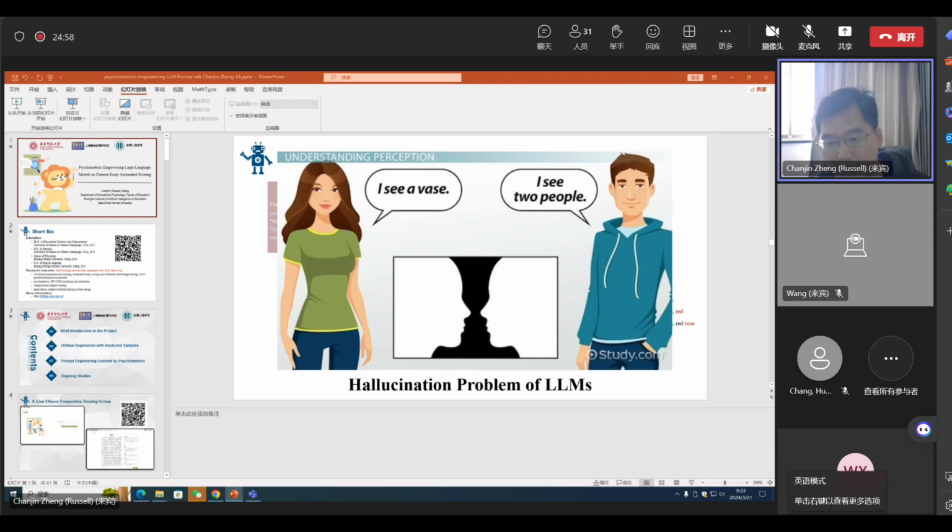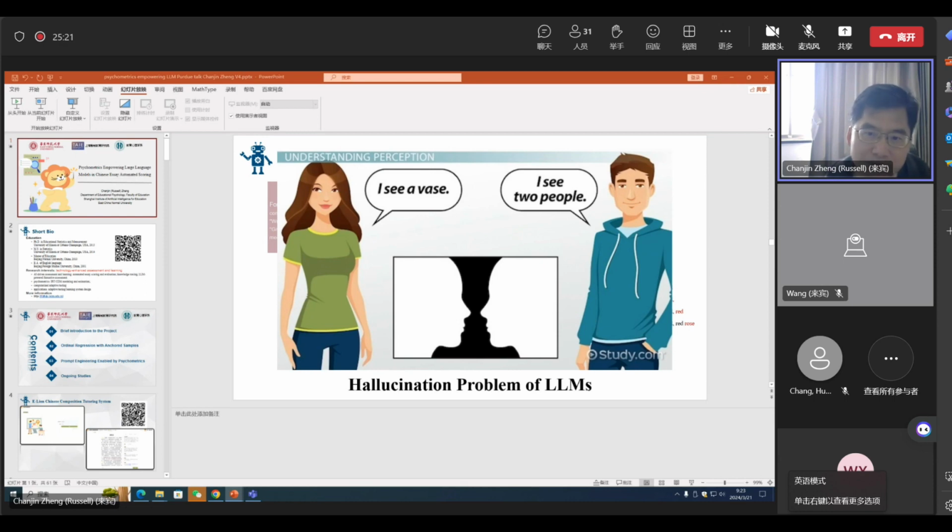So we have the hallucination problem of large language models, especially after the appearance of ChatGPT, right? But it's quite normal. It partially comes from the ambiguity of natural language, like perception ambiguity.